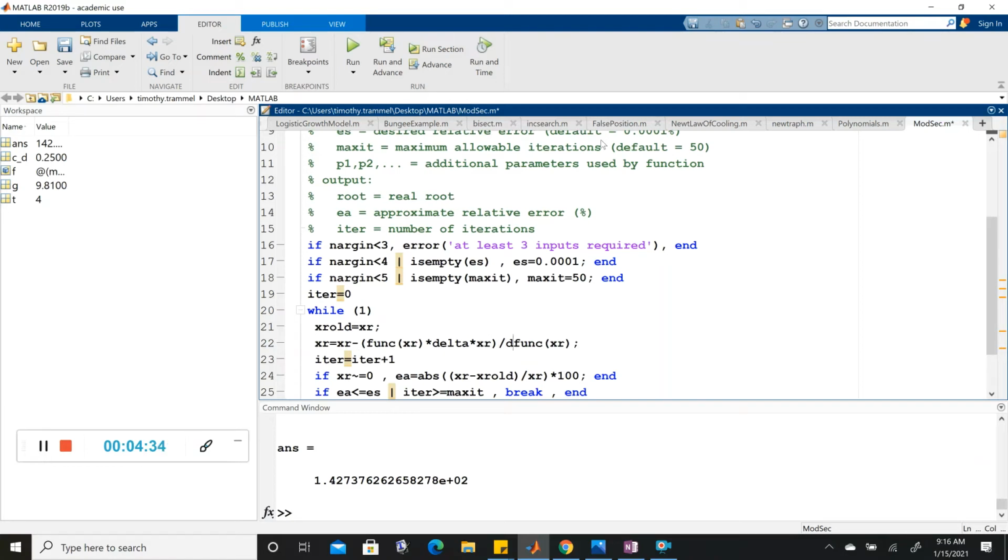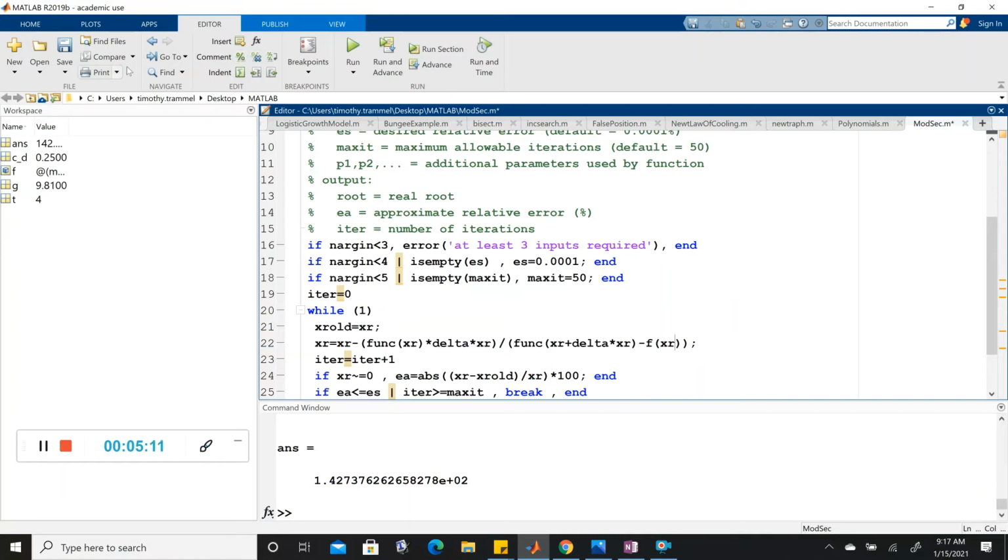And then in the denominator, we're going to have func of x sub r plus our delta times x sub r, and then minus f of x sub r. All right, that looks good. Let's go ahead and save this, and then we'll give this a run.